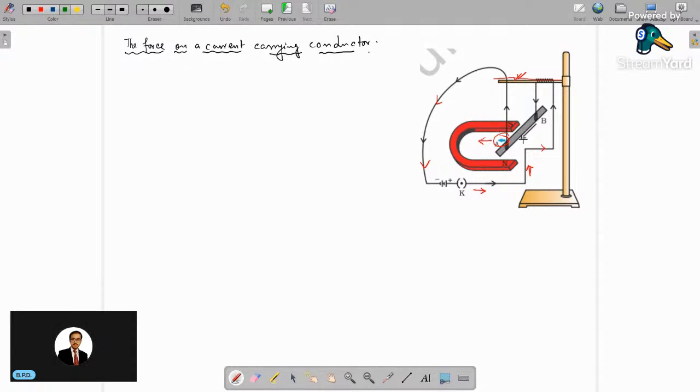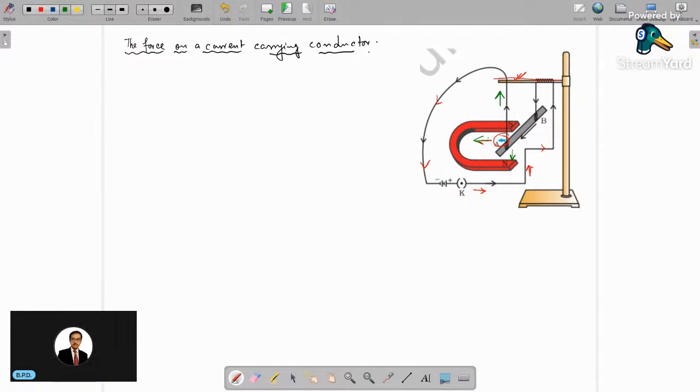Now, we have to remind that the direction of the current is this, the direction of the magnetic field is this, and the direction of the force is this. So everyone has a certain direction of their action.